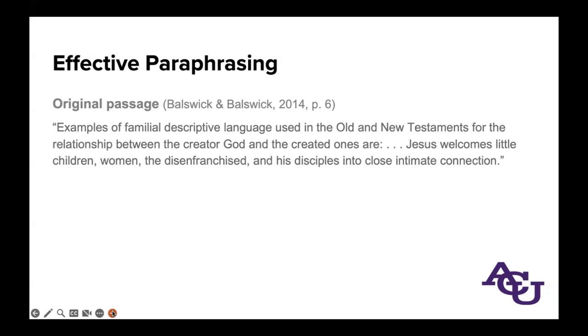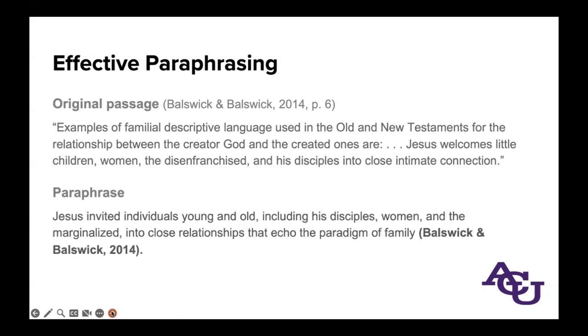I wanted to paraphrase this for my slide earlier, where we showed you how to do their citations and references. So I wrote this: Jesus invited individuals young and old, including his disciples, women, and the marginalized, into close relationships that echo the paradigm of family. And I've got my parenthetical citation, Balswick and Balswick, 2014.